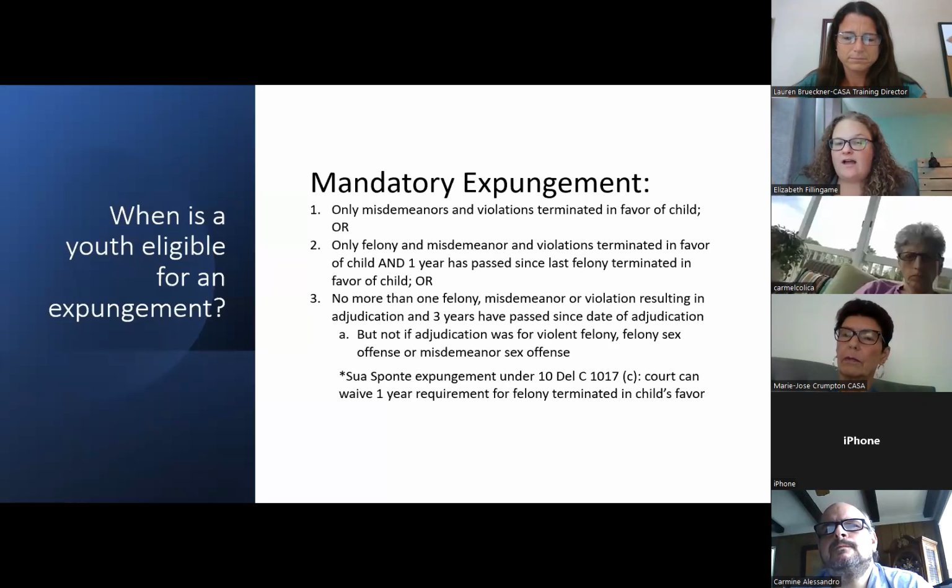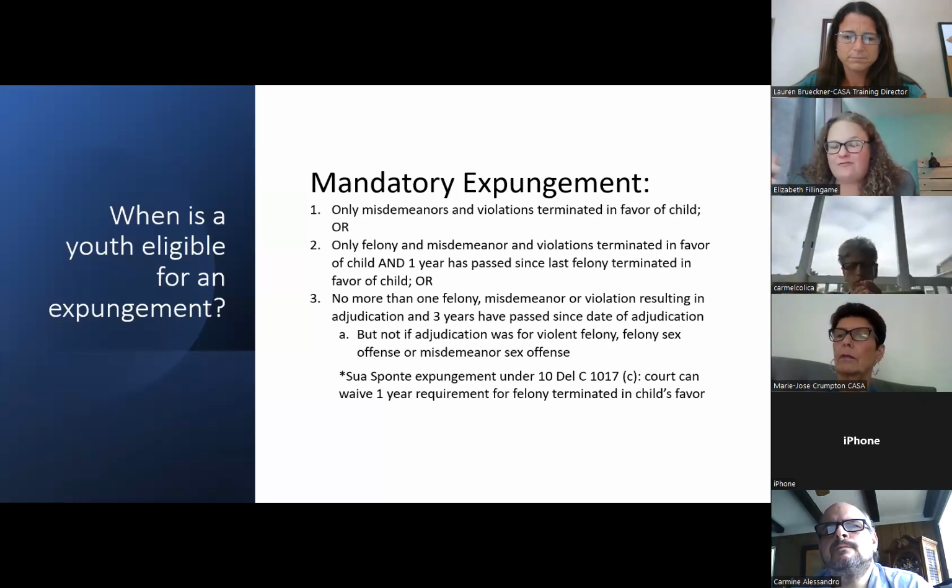charges resolve. I screen kids about every 60 days, meaning I have a whole list of all the youth that are 11 and up in Delaware that have picked up charges at one point or another. And I touch on every kid about every 60 days.